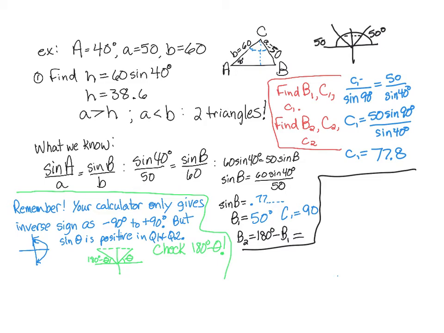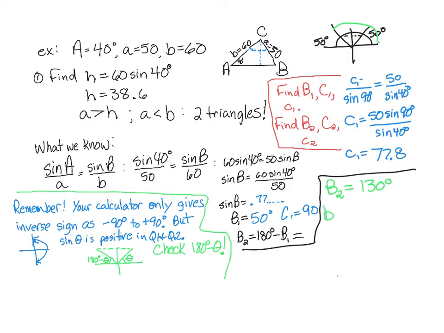So what if this was the 50? That's the deal. So 180 minus 50 is going to give us our B2. So B2 is 180 minus 50. That angle right there is 130. Okay? And then you continue on.